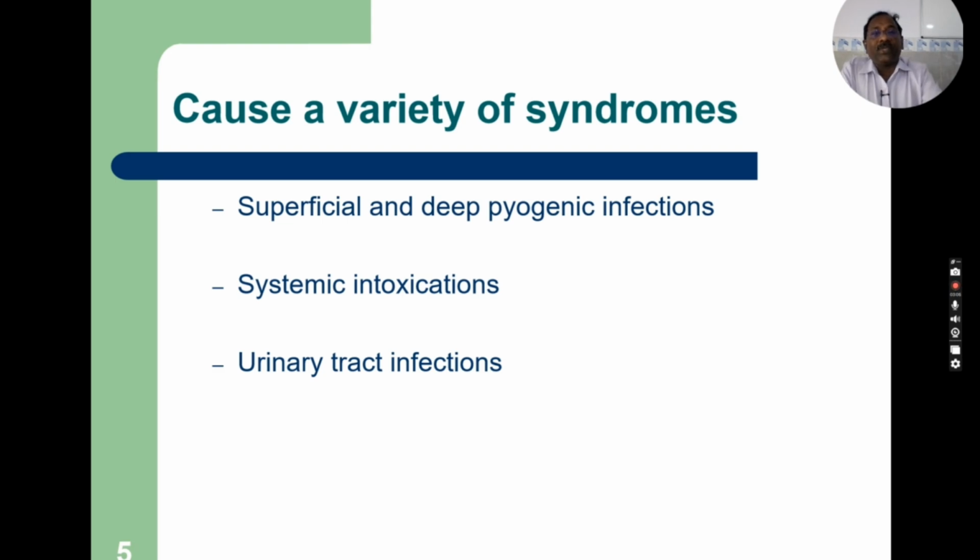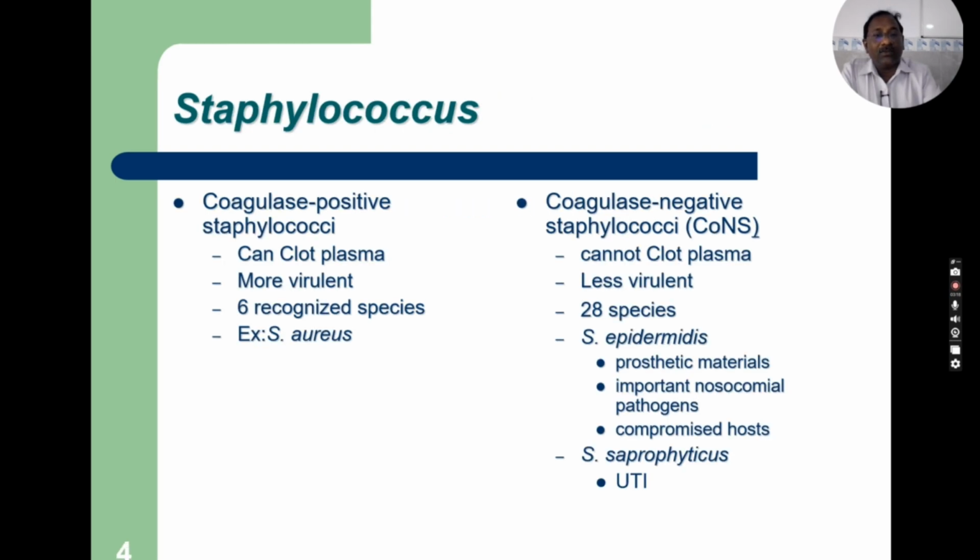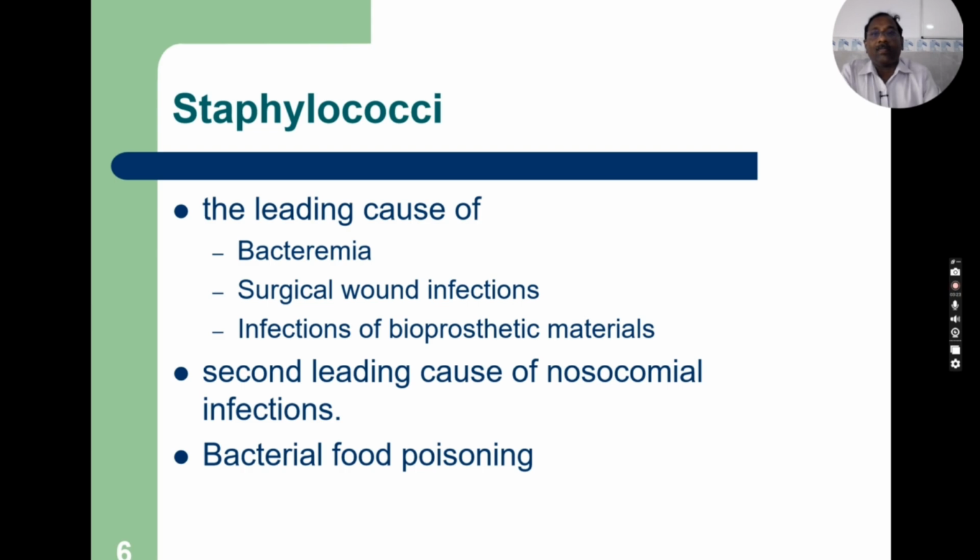They cause superficial and deep pyogenic infections. As they are very virulent, they may cause systemic intoxications, and most urinary tract infections are caused by the coagulase negative Staphylococcus saprophyticus. Staphylococci are the leading cause of bacteremia and sepsis.